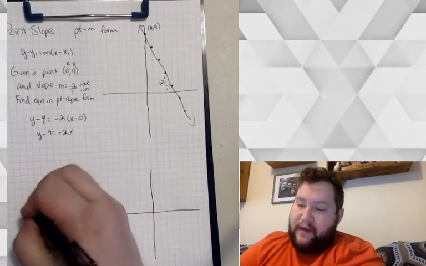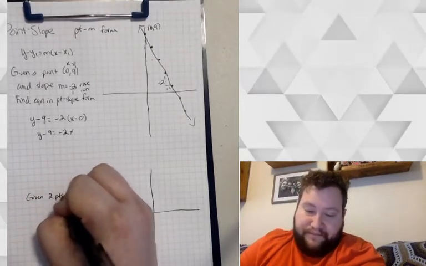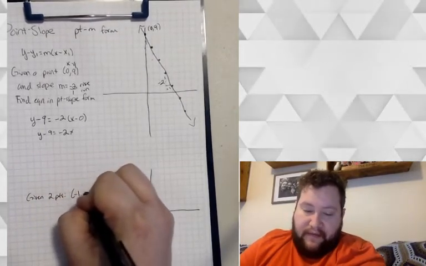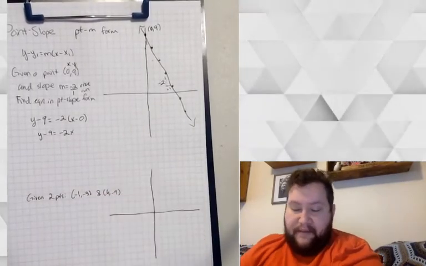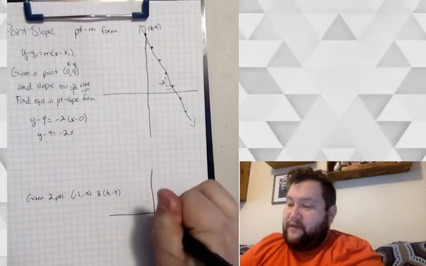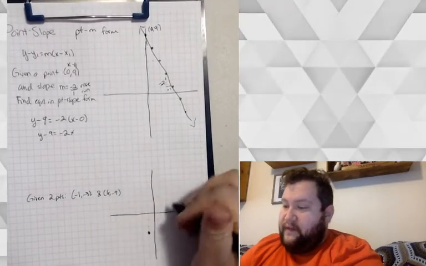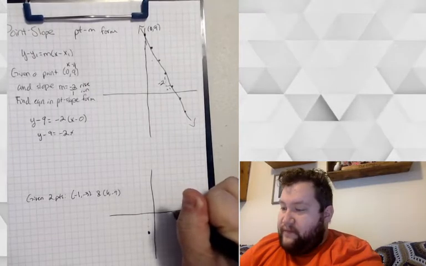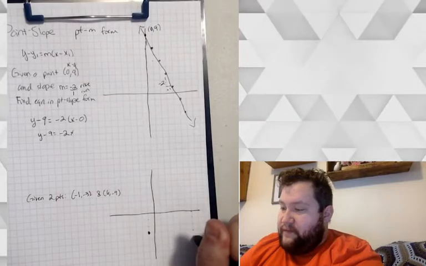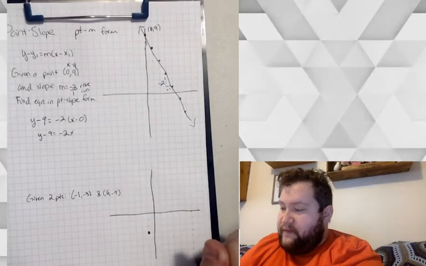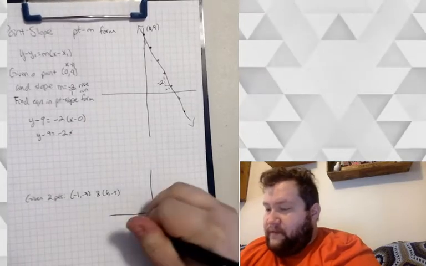So suppose we're given 2 points, -1, -3, and 6, -9. Let's go ahead and plot those 2 points, -1, -3, and 6, -9.